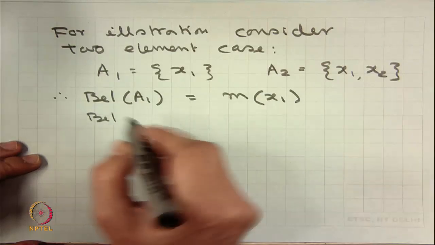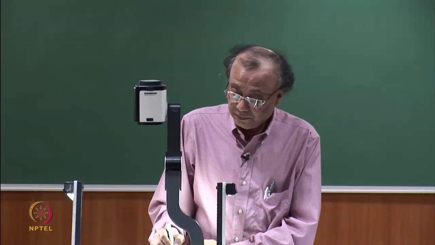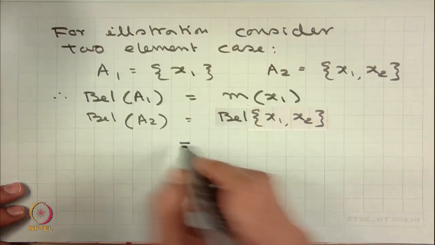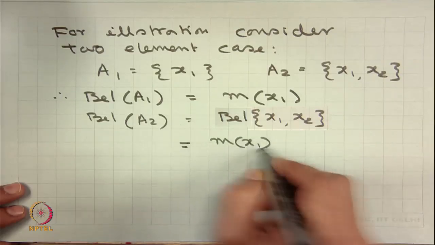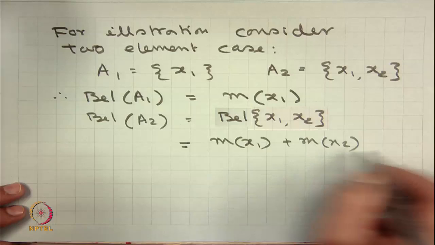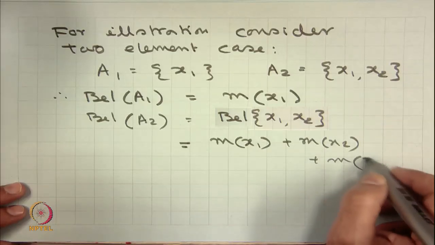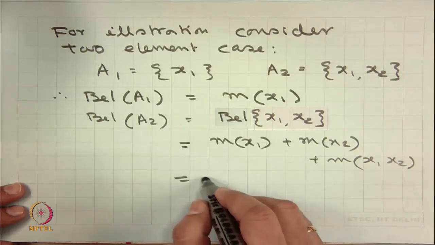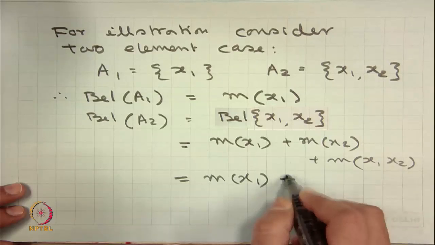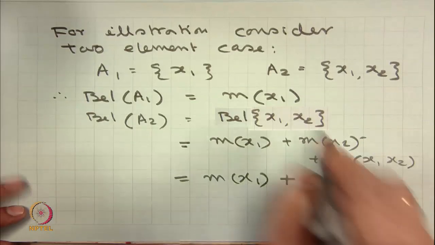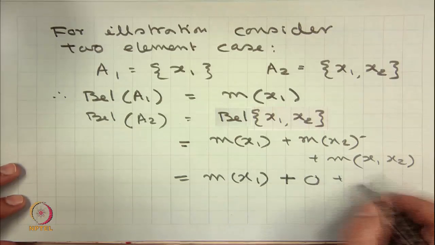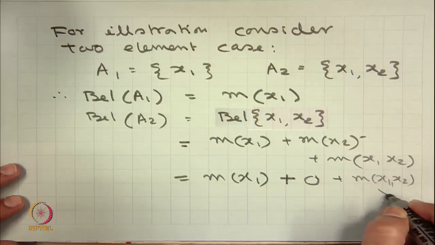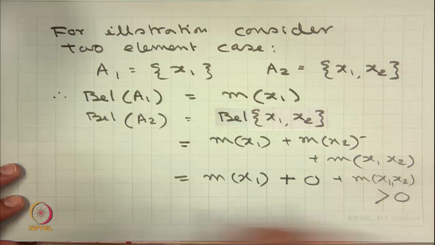Belief of A2 is equal to belief of {x1, x2} is equal to m(x1) plus m(x2) plus m({x1, x2}), which is m(x1) plus m(x2) is 0 because it is not a focal element, plus m({x1, x2}), and we know that this is greater than 0.